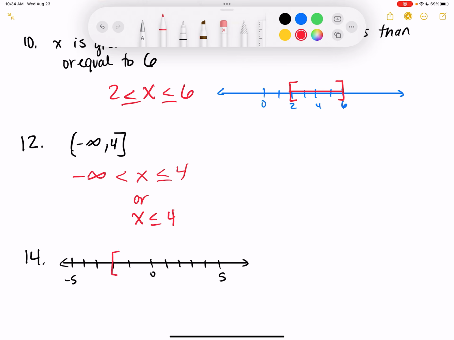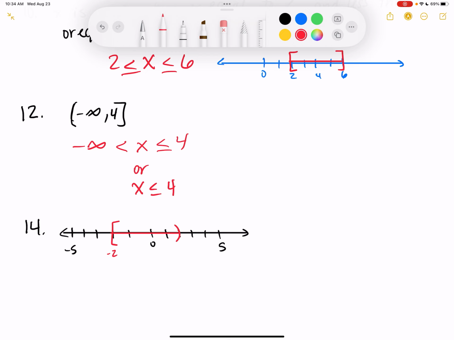There's a bracket at -2 and a parentheses at 2, and it's filled in the middle. So how would I go about writing this one? -2 is less than or equal to x is less than 2.